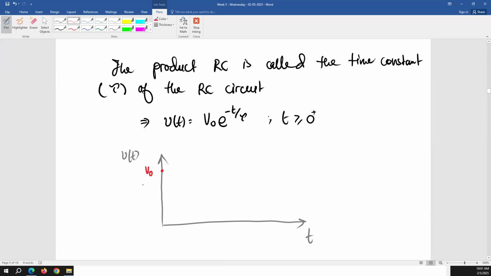Now, one time constant, that is when t is equal to tau, right? That's one time constant. When t becomes R times C, the product of RC, Vt is going to become what? V naught e to the power negative tau over tau, or negative 1. Now, calculate what e to the power negative 1 is.